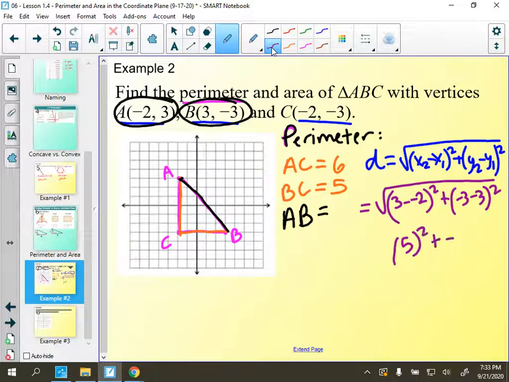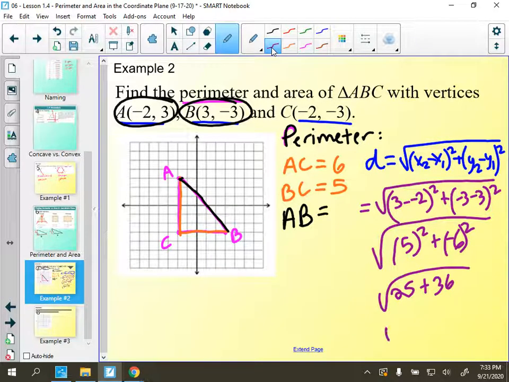We end up with -6 squared here. Remember, we're still under that big square root. 25 plus, definitely keep parentheses around that, 36. And then finally, the square root of 61, which we do need to get down to the nearest tenth of a unit here.